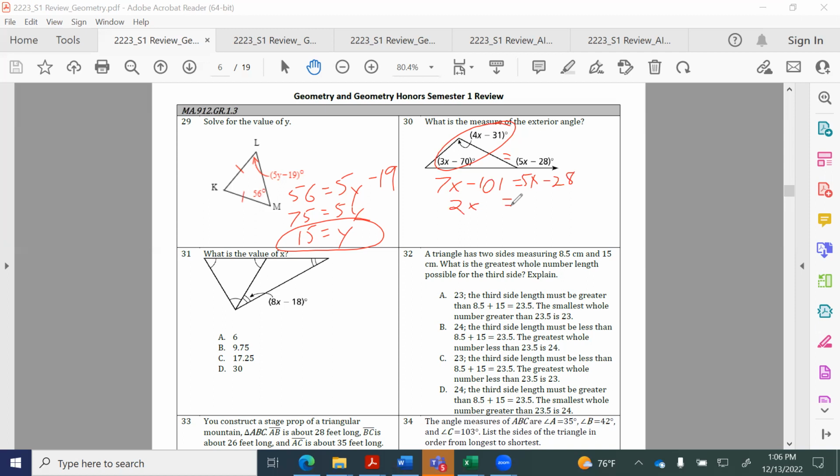Then we had 7x and 5x. We're bringing 5x over, so that's now 2x. Bring the 101 over to the other side, so now we're adding 101 to get rid of it. So 101 added to negative 28. That's going to be 73, right? Yeah.